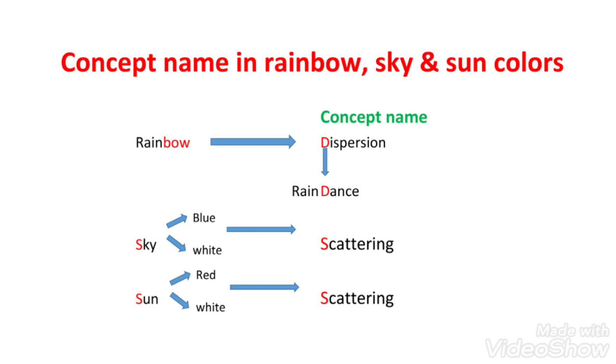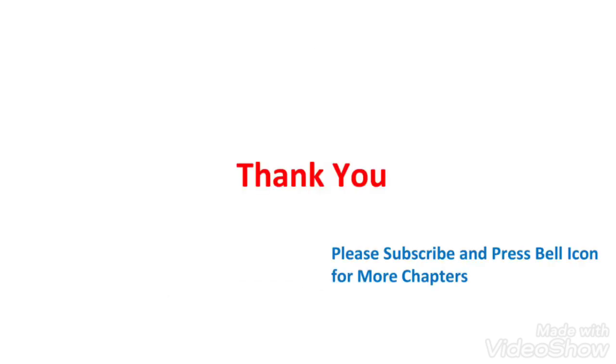Next one, why the sun is red, why the sun is white. Here also I am taking a simple word, the answer is in the letter itself. S means sky, I am taking the first letter S. Scattering also has first letter S. So sun red, sun white, both involve the concept of scattering of light.